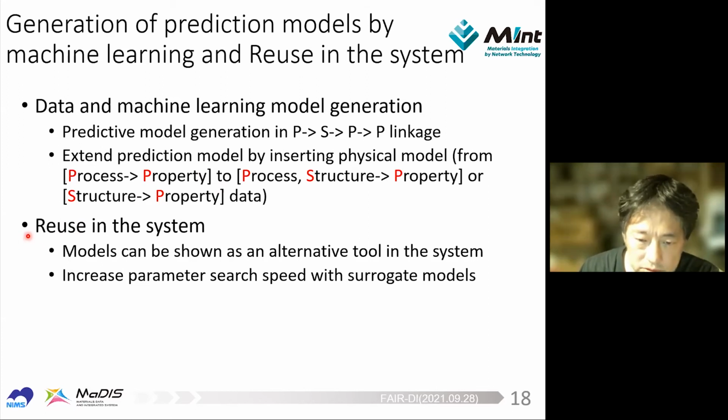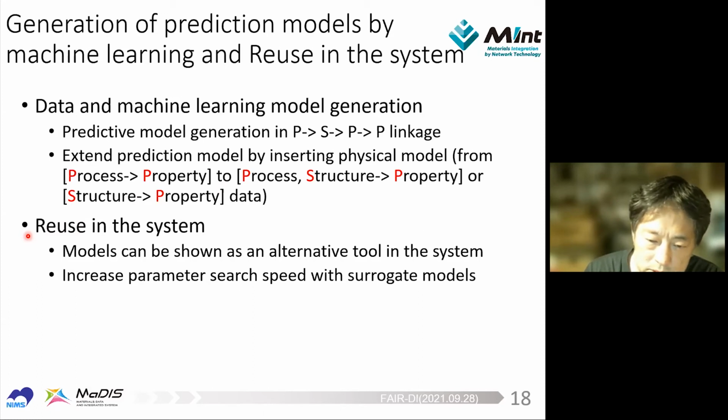After that, reusing the system is very important. Models, I mean prediction models, whether based on physical models or machine learning models or something like that, can be shown as alternative tools in our MINT system. If the physical model is replaced by a machine learning model, the calculation time will be dramatically reduced.